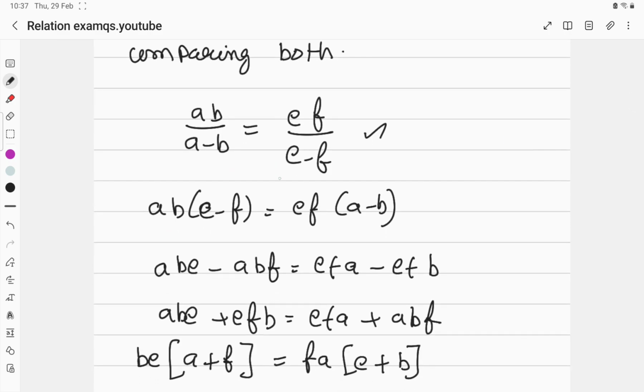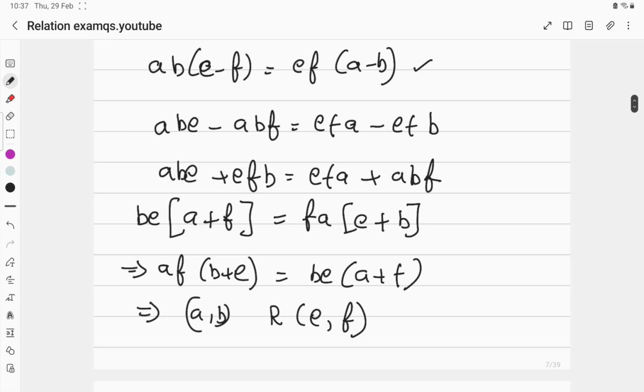Then cross multiplying and arranging properly, we get BE(A + F) = FA(B + E), so AF(B + E) = BE(A + F).